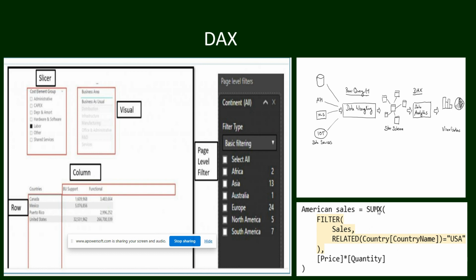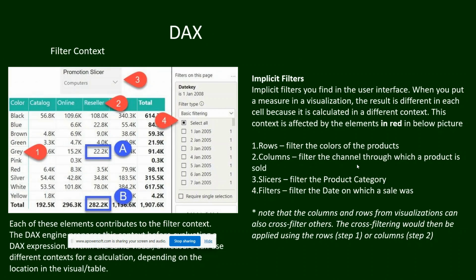SUMX is an iteration function that goes row by row, and this calculates the sum of sales where your country name equals US. It takes only the country name of US and then aggregates price with the quantity. That's it. And this is nothing but a filter context, as we already said.